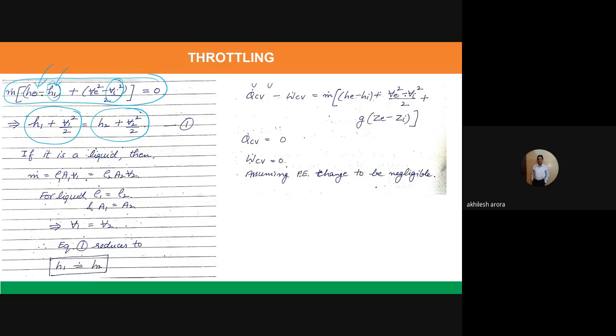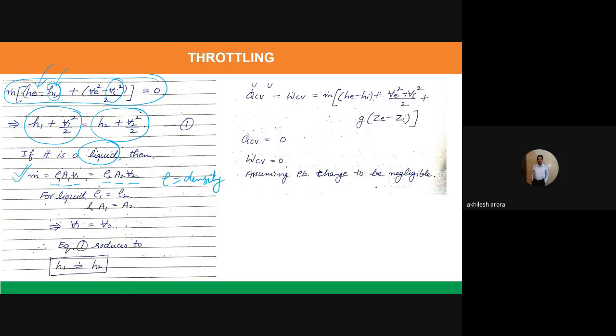Now let us consider this fluid is actually a liquid. You know that a fluid can be either a liquid or a gas. Now I am considering that this fluid is a liquid. If it is a liquid, then the mass flow rate equation will be given by rho1 A1 V1, and that should be equal to rho2 A2 V2. What is rho? Rho stands for density.